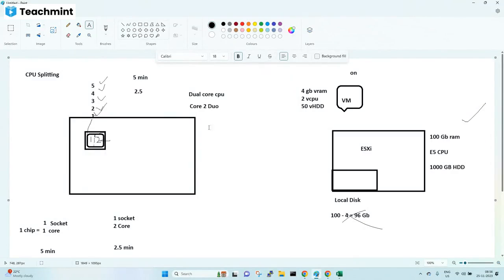It was still 2 cores only, with an improved algorithm to make it efficient. There were some bugs in the execution. They fixed it and called it Core 2 Duo, 2 cores only again.